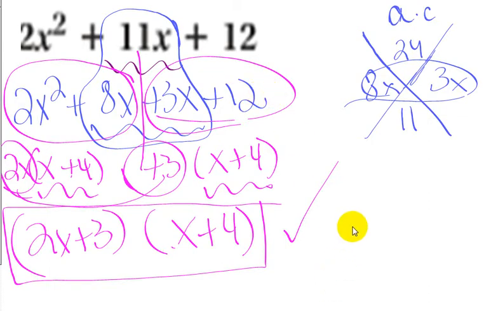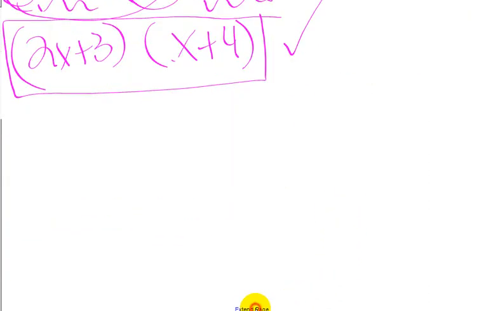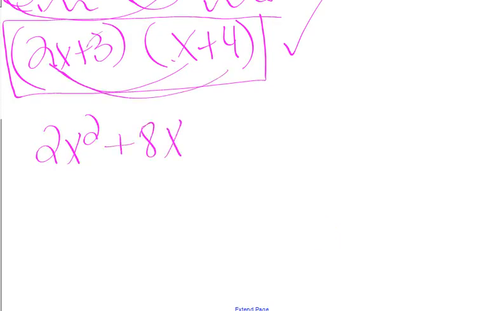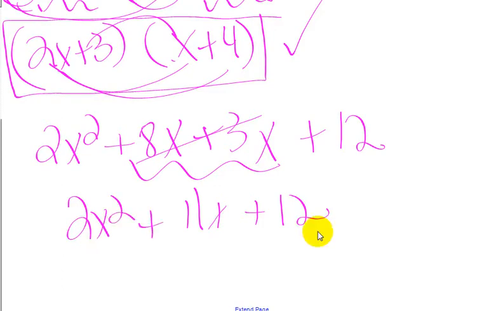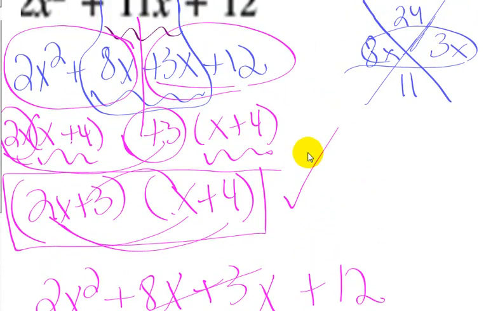Now how do we check and know if that's correct? We'll FOIL it back out and see if we get back to our original trinomial. 2x times x is 2x squared. 2x times 4 is plus 8x, plus 3x, plus 12. Combine our like terms, 11x, and carry down our first and last term. Does that match our initial equation, 2x squared plus 11x plus 12?